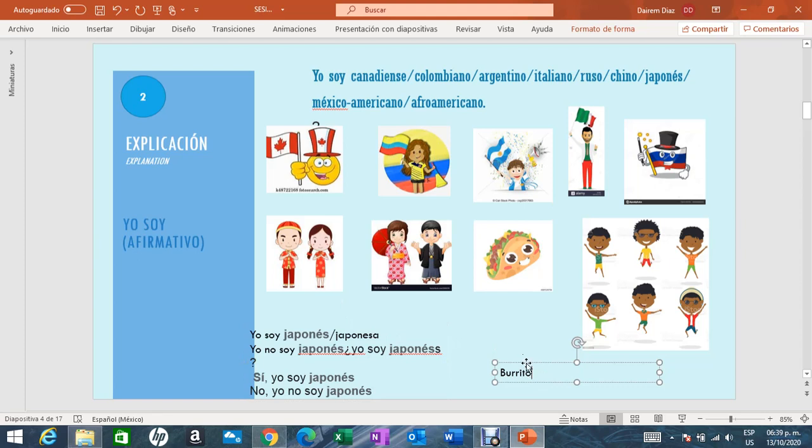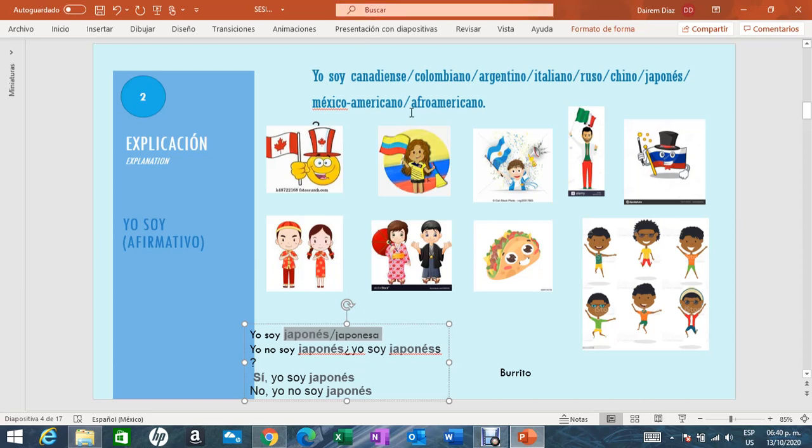Okay, next one, Afroamericano, African American. So I really like this image because we can see different types of people here representing Afro-American people. Here in Mexico, we really don't see Afro-American people very often on the streets. If you go out, you would only see brunette people. I don't know why, but that's the way it is here in Mexico.